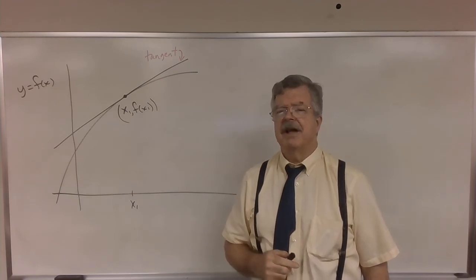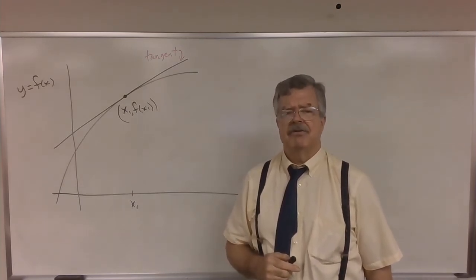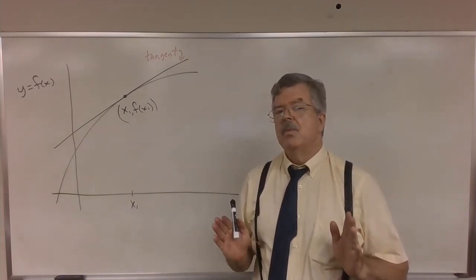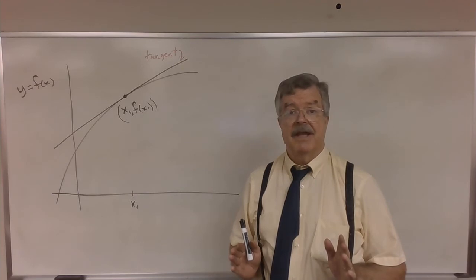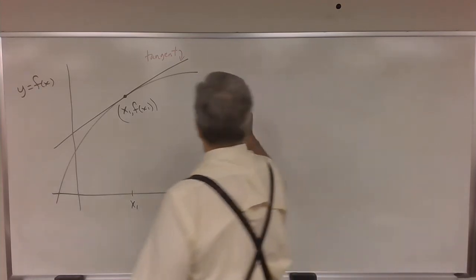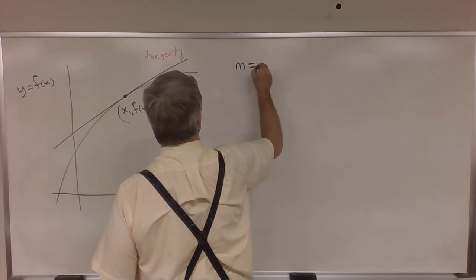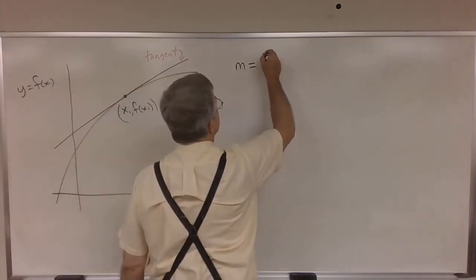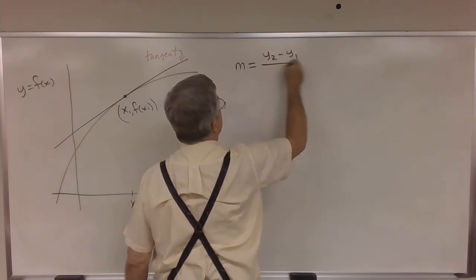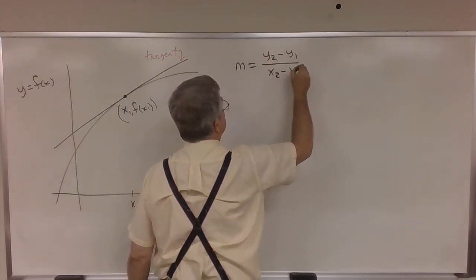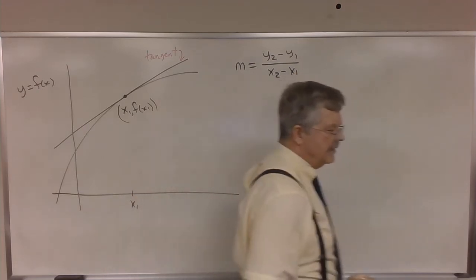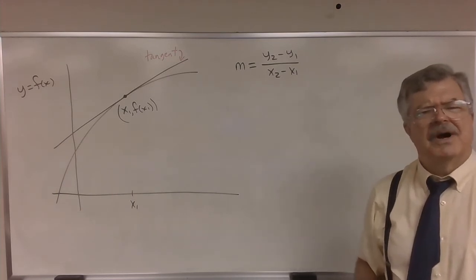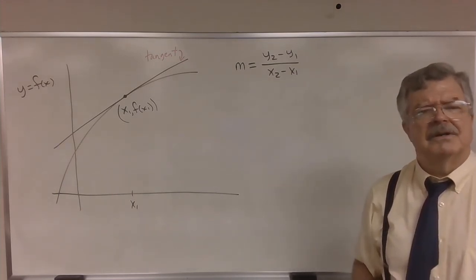Think back to college algebra, or maybe to Algebra 2 in high school. And remember, we represent the slope with the lowercase letter m. So we have this formula. The slope m equals, what is it? y2 minus y1 over x2 minus x1. Okay, we remember that much.